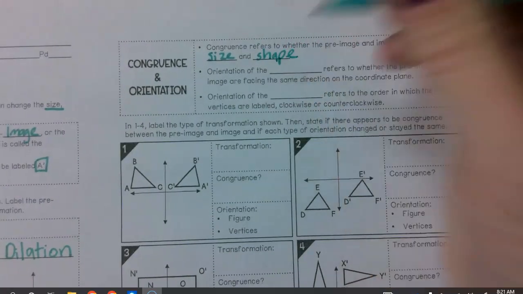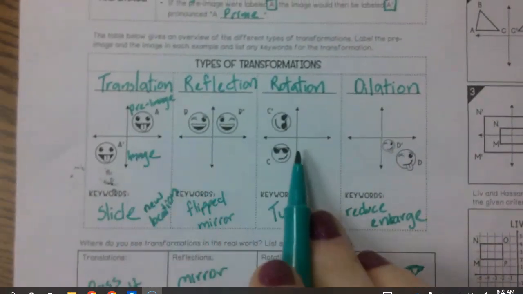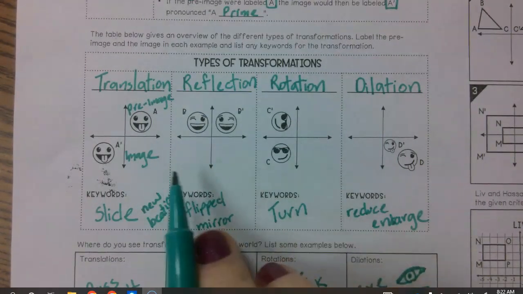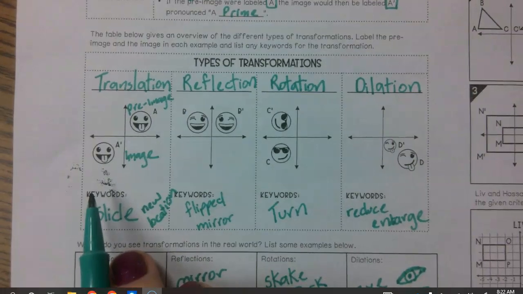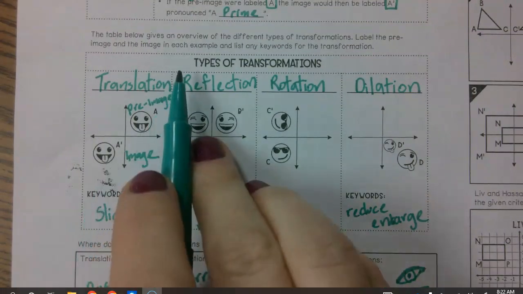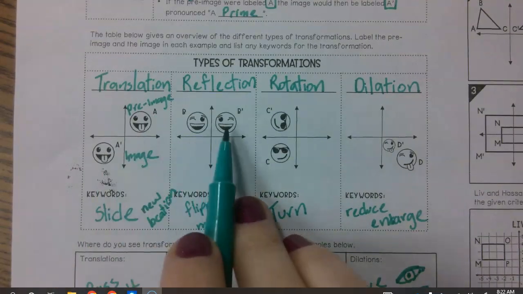If we think back to our smiley faces over here, 3 of these are congruent because after we moved the shape, it was still the same size and the same shape. See how these are the same? It's just been moved. These are the same, it's just been moved.